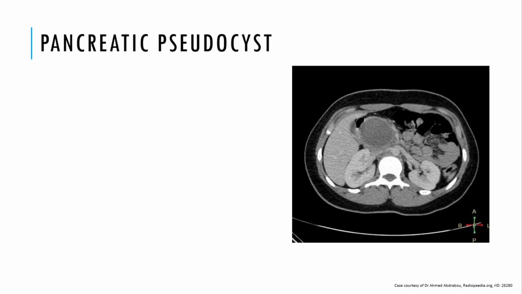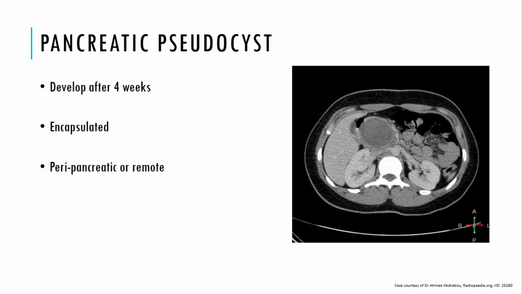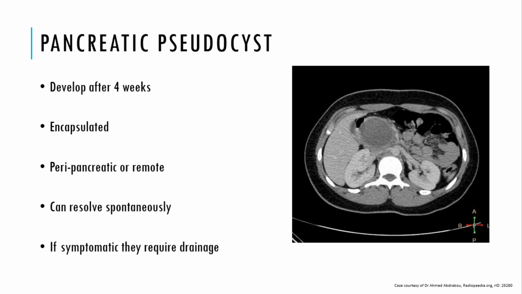Most of the times we don't have to do anything about it, and it usually resolves spontaneously as the patients recover. However, if these collections persist, then we can end up with a pancreatic pseudocyst, which typically presents after or develops after the first 4 weeks. Typically on a CT scan, the radiologist will comment about an encapsulated fluid collection, either peripancreatic or somewhere in the abdomen. Pancreatic pseudocysts also can resolve spontaneously.